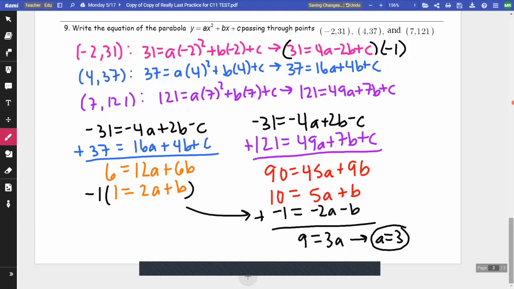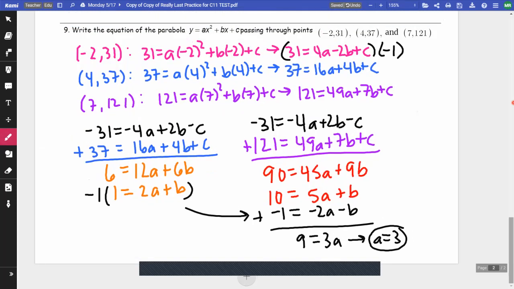And I'm going to put that into the orange equation. So 1 is equal to 2 times 3 plus b. So 1 is equal to 6 plus b. So b is equal to negative 5.